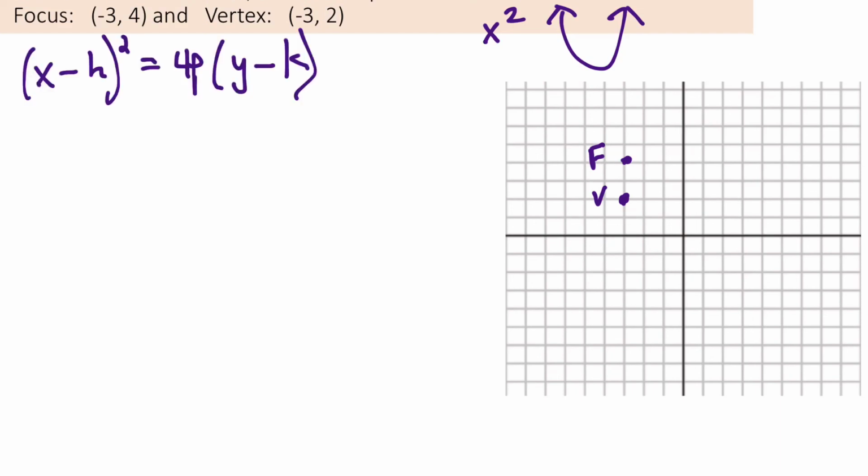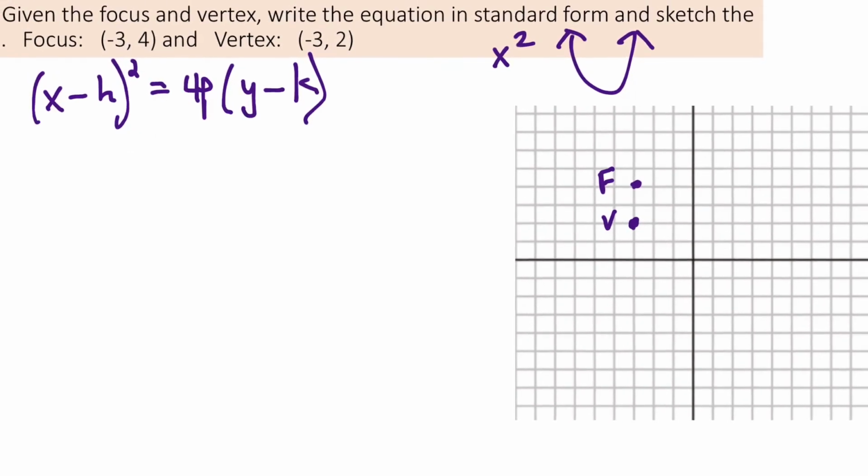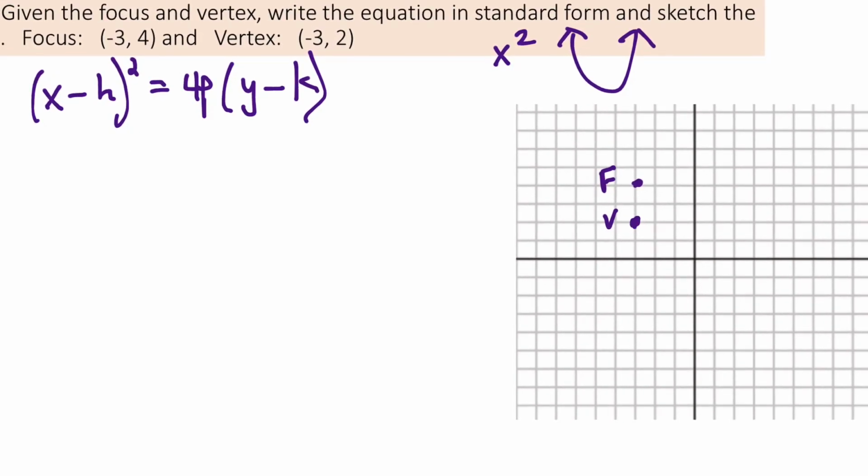Now we already know h and k, so we can plug h and k in there. So that'd be x minus -3, so that's plus, opposite sign.